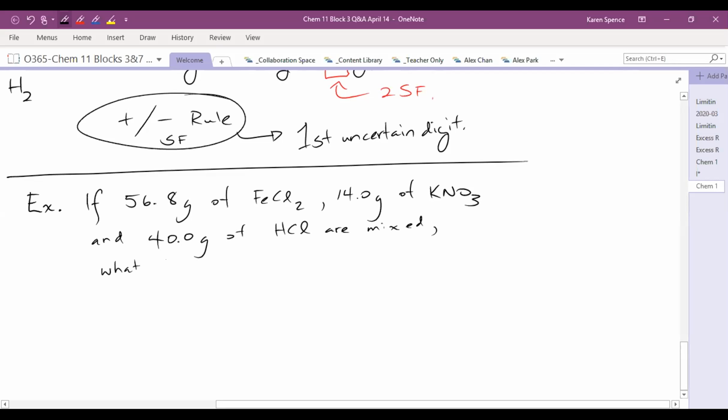What is A, the limiting reactant? B, how many grams of each excess reactant are left over?